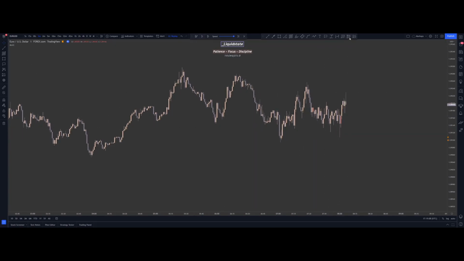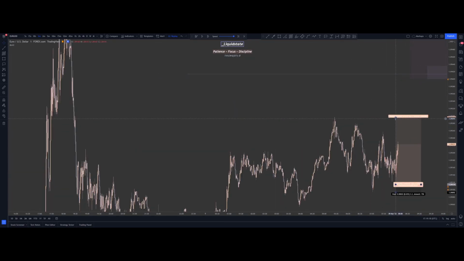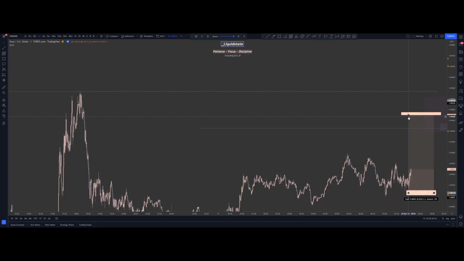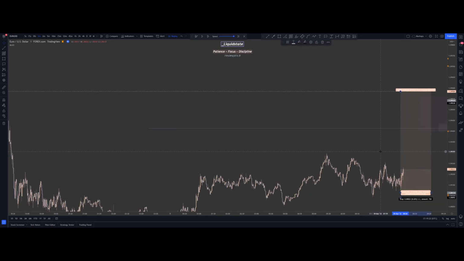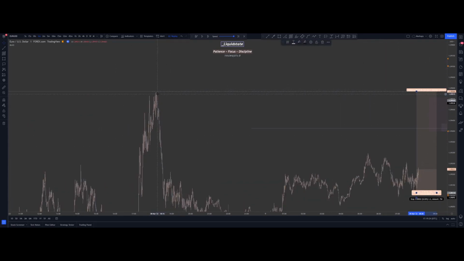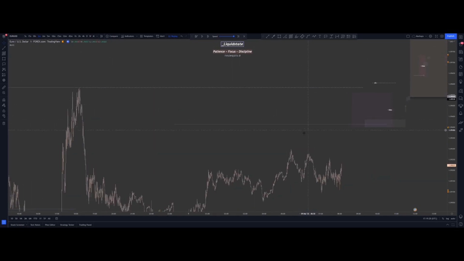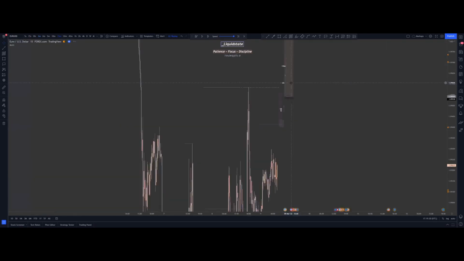Depending on how you do it, it's pretty hard to get in on the seconds here, but you can go for something like that, and then obviously just target the high, because that is the expected order flow. We should take that. And yeah, so that's that.